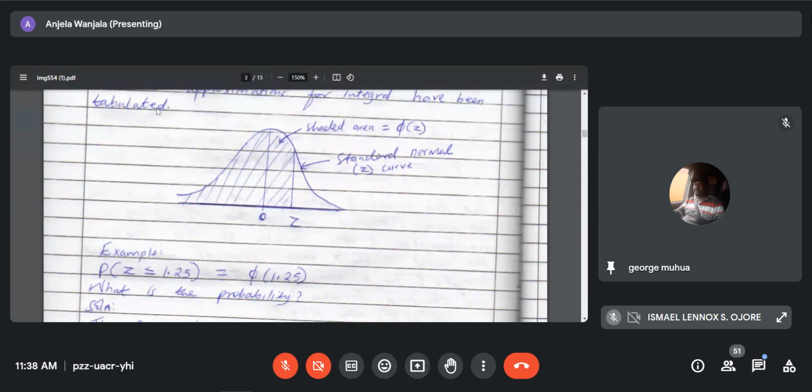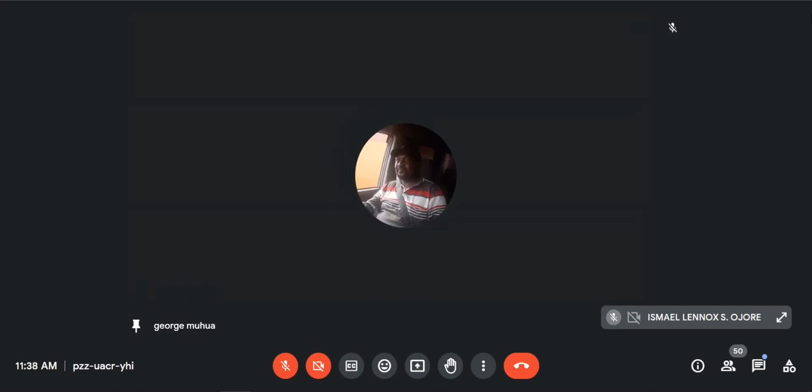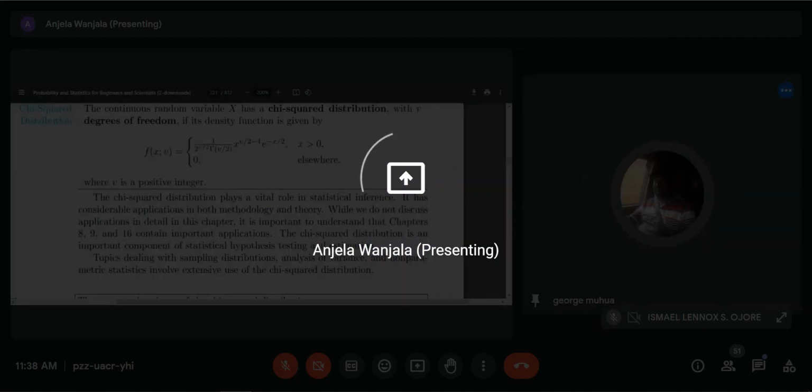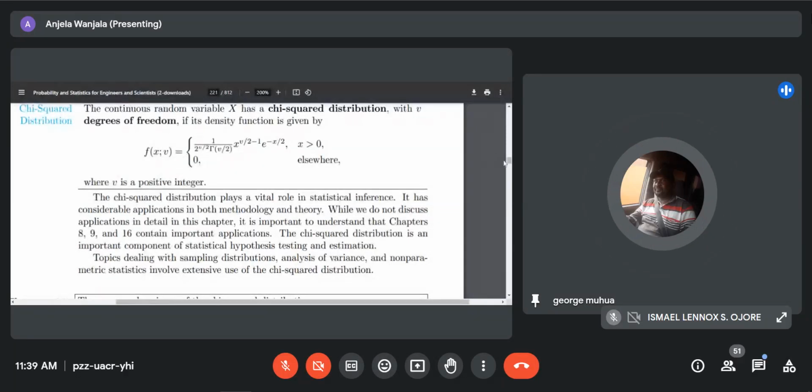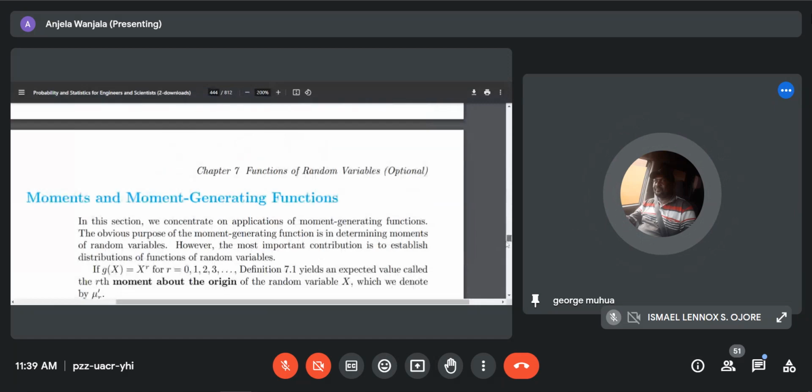We read 1.25. So when she says less than or equal to 1.25, you are looking at values from 1.25 going back, because the curve is from negative infinity to positive infinity, and therefore the total area under the curve is 1.